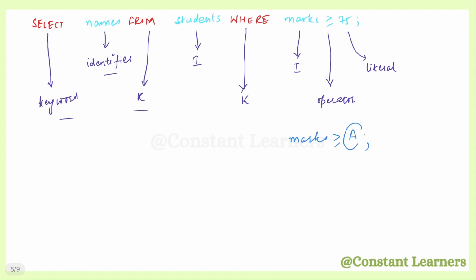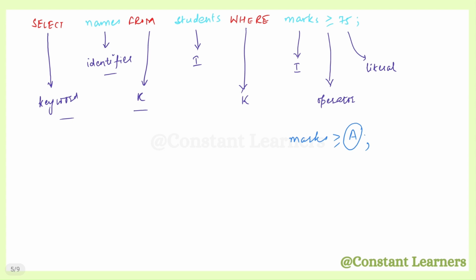Is it going to give me an answer? No, it's not going to give me an answer because A is a character and marks have been defined to only store integer values. This we define while creating the tables, while creating the columns. So this value cannot be accepted here, right? So this is an error. This is checking the data type, right? And this happens in semantic analysis, right?